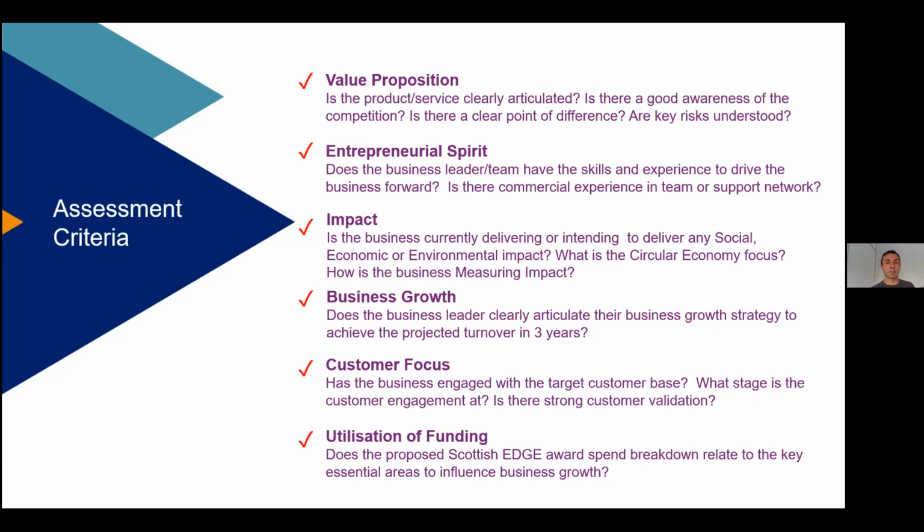And these are the types of things that we will ask the judging panel to make sure that they're thinking about the right areas. So is the product or service clearly articulated? That's probably the first question we will ask the judging panel to think about when we're starting to look at your business's assessment. We'll look at value proposition. Basically, do you understand what this business is, and is it clear that it's clearly articulated what they're doing?